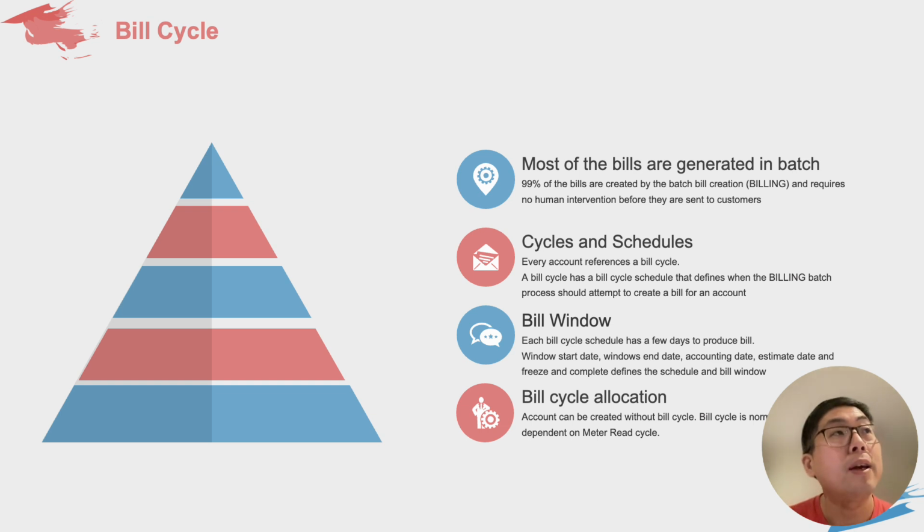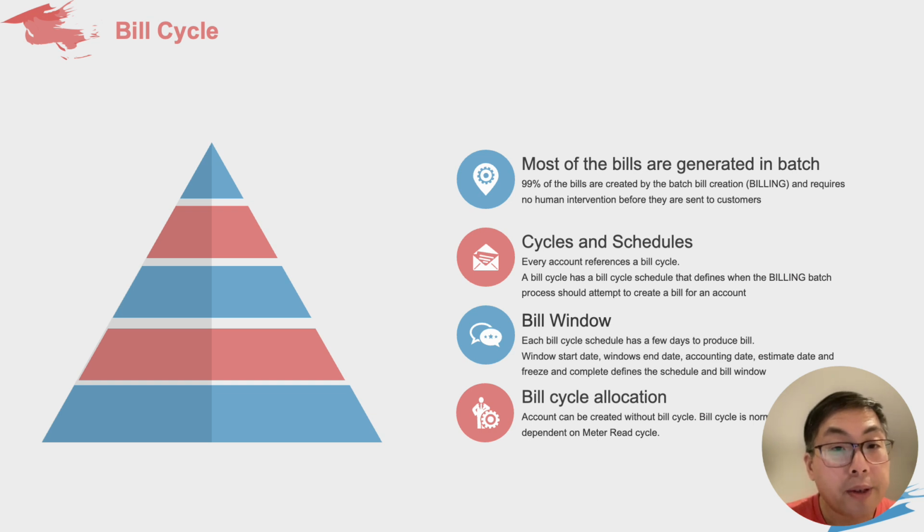Because if you say, I have to get all my bills by 8 o'clock in the evening every day, then you have to schedule all the other batches according to billing. So this is the main batch in CC&B for bills, and probably the main batch for every day's batch cycle, I mean the batch schedule.